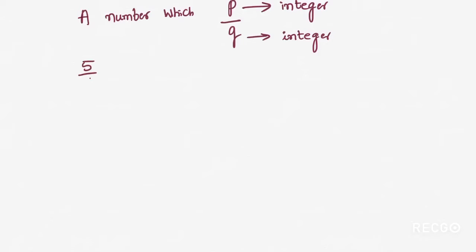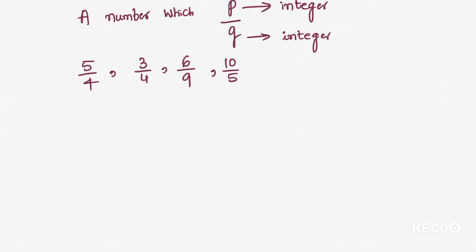Therefore, 5 by 4 is a rational number, 3 by 4 is a rational number, 6 by 9 is a rational number, 10 by 5 is a rational number.